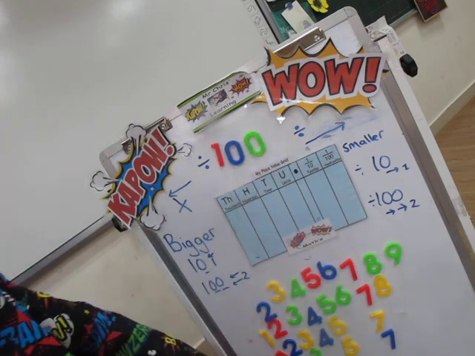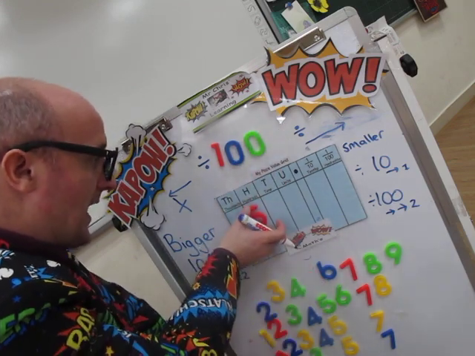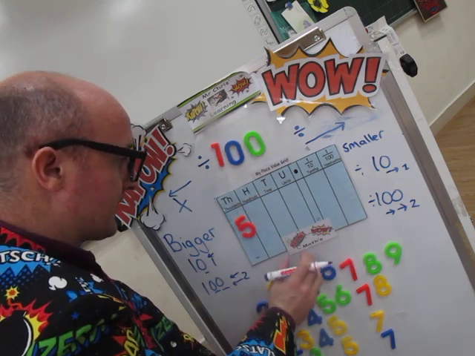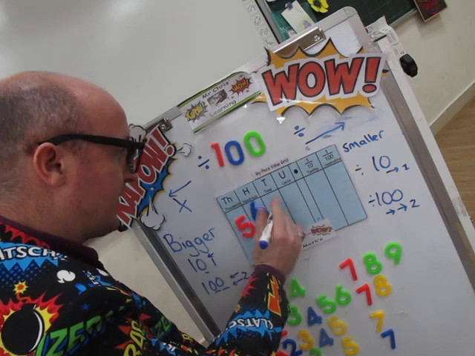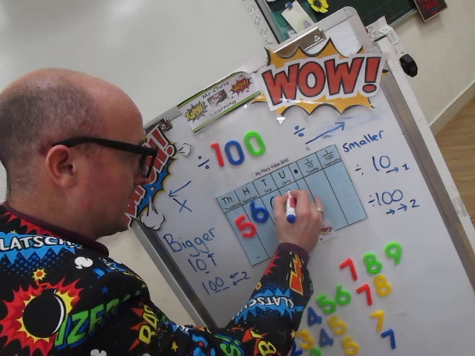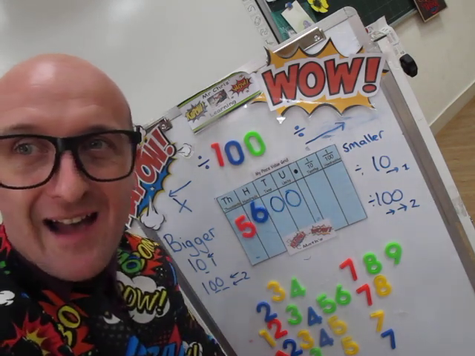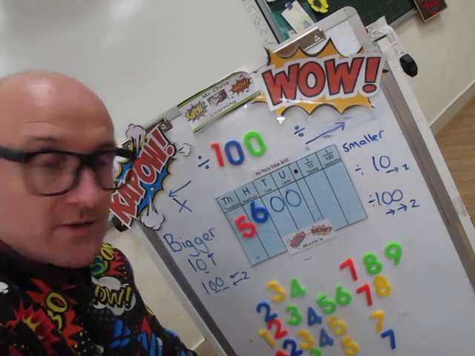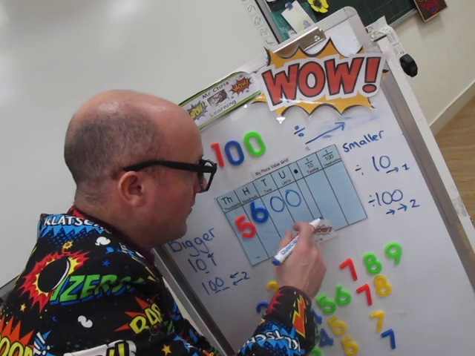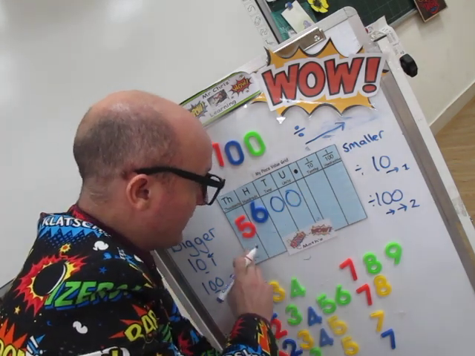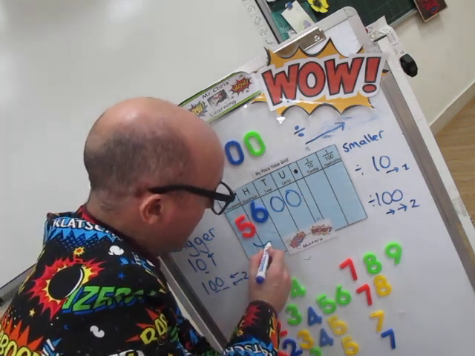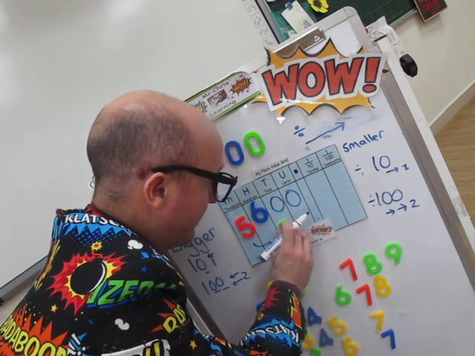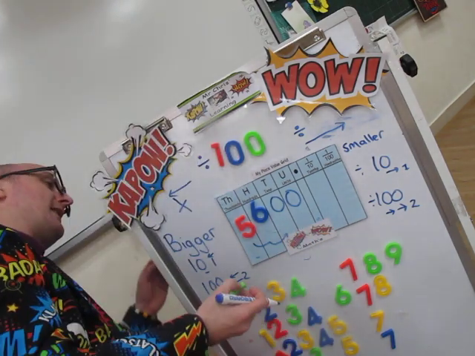Okay, so let's say we had, let's do this one. 5,600. Let's divide that by 100. So let's do it together. So the zeros, or you could do the number here. So let's go 1, 2, 5 there. I'm going to get my tape this time.